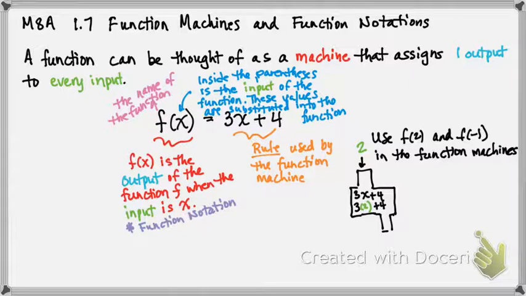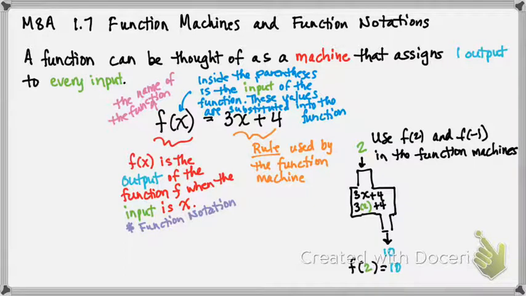So we get 3 times 2 is 6, 6 plus 4 is 10. So that's what comes out, the output is 10. So we could conclude that when the function inputs 2, out comes 10.